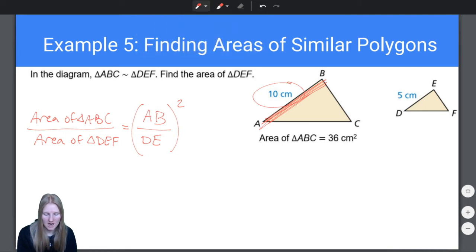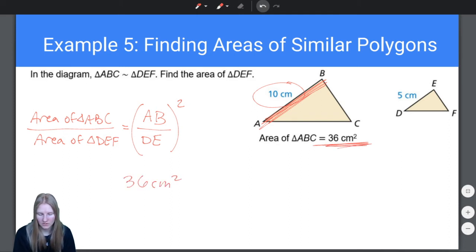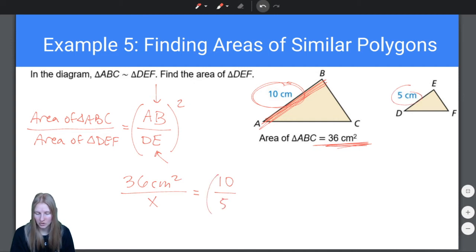The area of triangle ABC, they told us, is 36 centimeters squared, over, we don't know what the area of triangle DEF is, so let's call it x, equals AB is 10, over DE is 5, squared. Oh, centimeters squared because we're working with area.